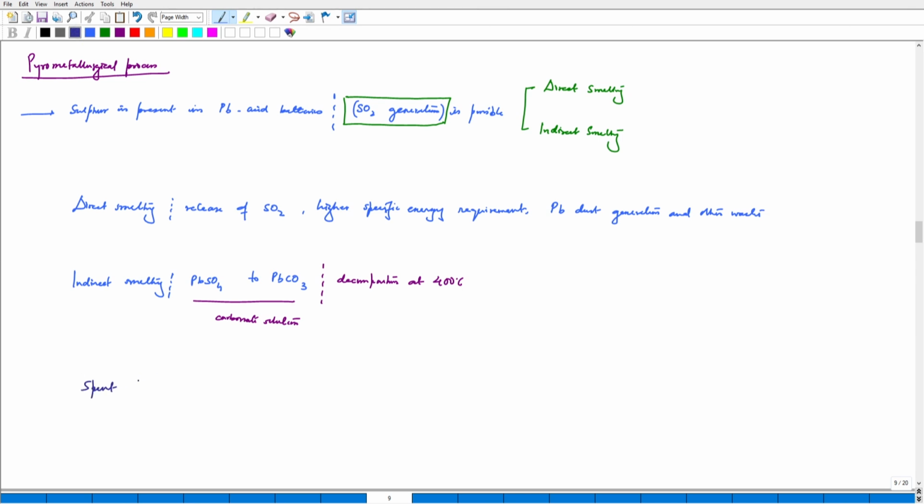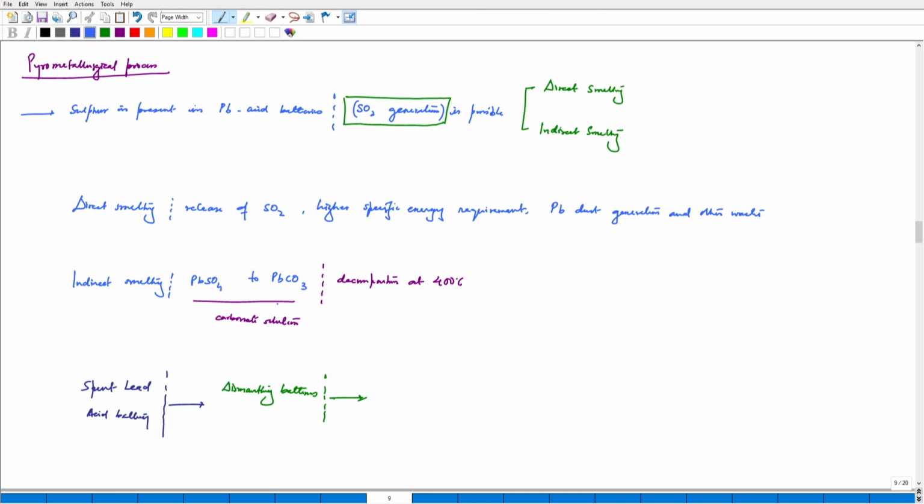General outline looks like this: spent lead acid battery, we know that we'll be going for dismantling of batteries. Again, we are assuming here that the batteries are safely handled.